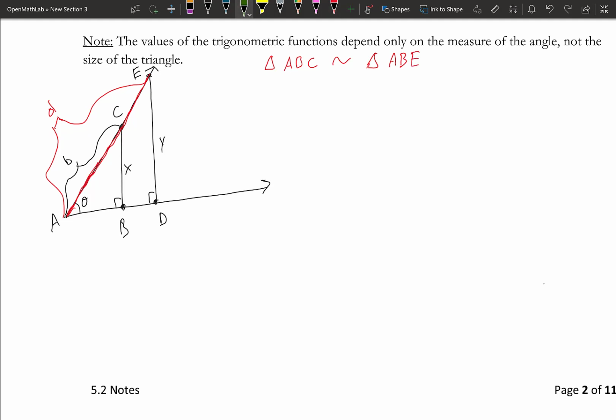So ABC is this triangle here. And triangle ADE, that's this bigger triangle, this one in pink, right?